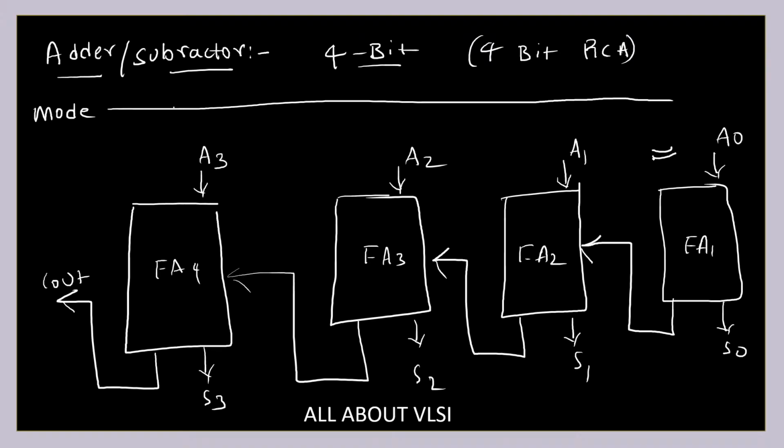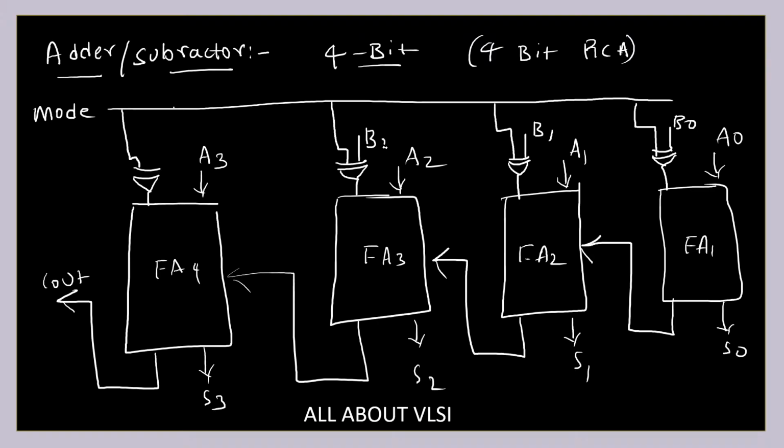And I'm going to take XOR gates. One input of each XOR gate is connected to this mode signal, and the other input is connected with B. So it is B0, this is B1, this is B2, and this is B3.